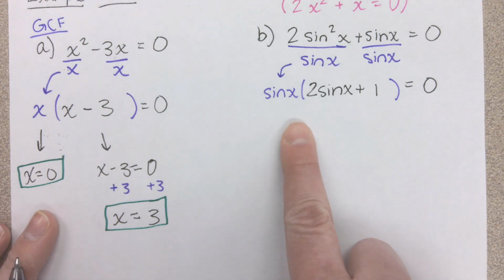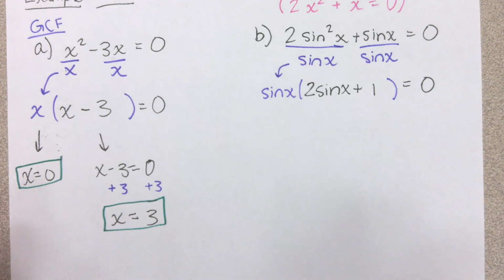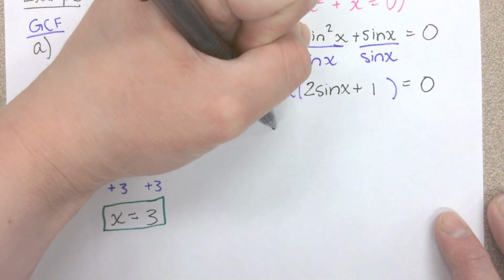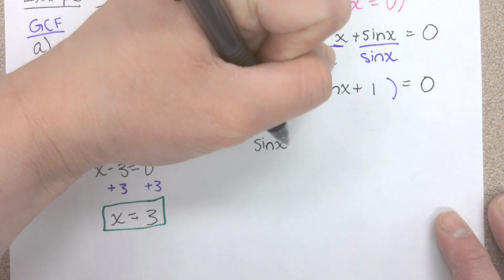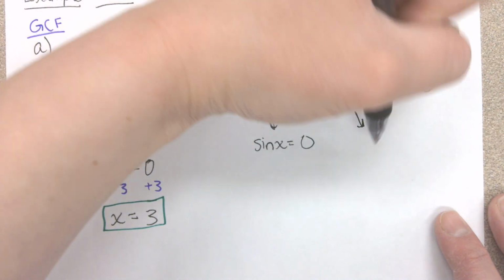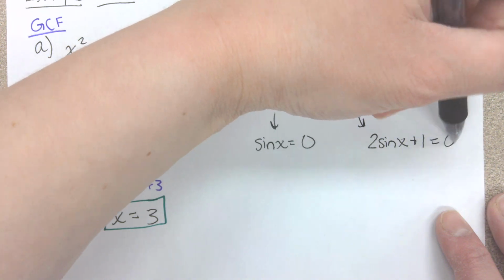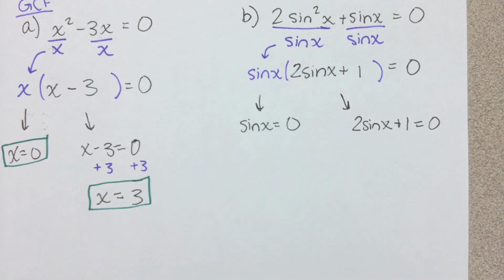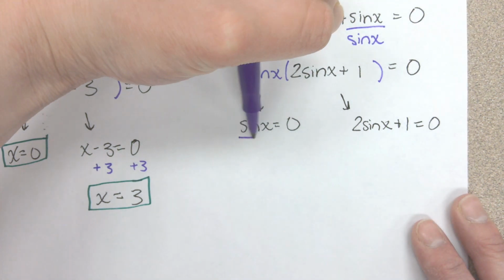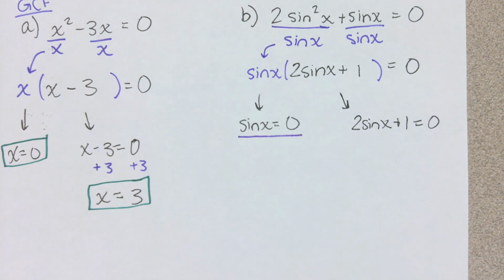Same thing here. We can just split these up into two separate problems and solve. So we have sine of x is equal to 0. 2 sine of x plus 1 is equal to 0. This sine of x equals 0 is solved for now, but we're not done. We'll have to go back and actually find those x values.